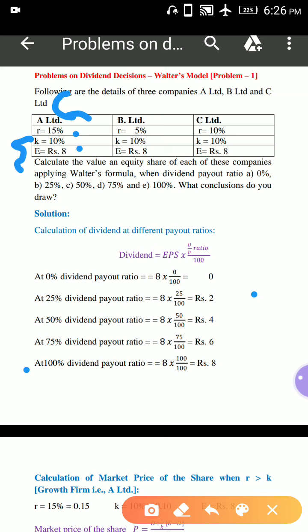When R is less than K, that is called a declining firm, so B is a declining firm. When R is equal to K, that is a normal firm. So in A, B, C companies, A is the growth firm because R is greater than K. B is the declining firm because R is less than K, and C is the normal firm because R is equal to K.